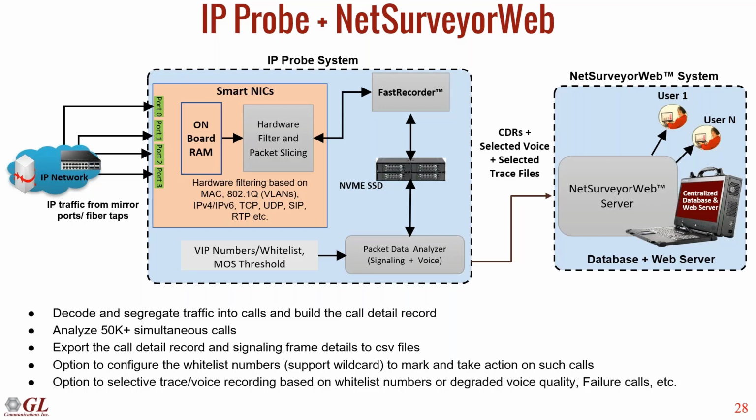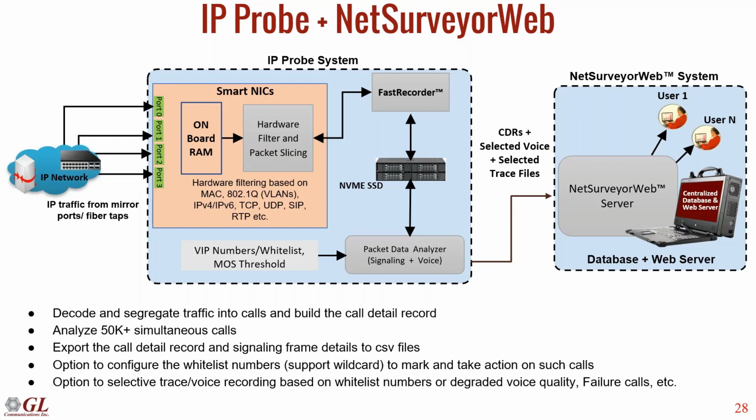Hardware filtering can be done on different protocol layers. Like Mike mentioned, we can have IP pairs for IPv4 or IPv6 traffic, or we can filter on the inner GTP traffic, which is the SIP calls encapsulated within GTP traffic. So we can apply filters for that traffic, or we can even capture without any filters.